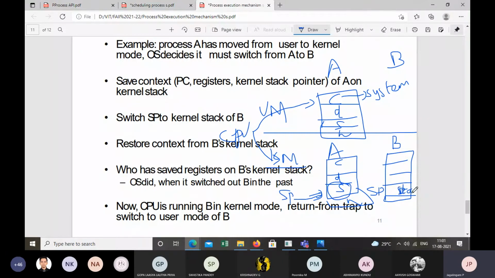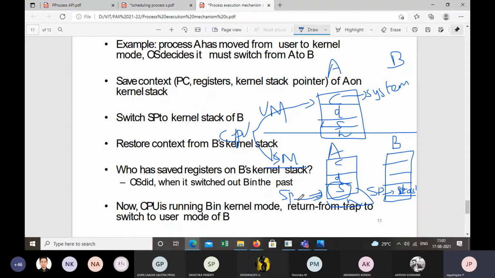Now inside the stack, what information do you have? The old PC value, for the user mode of which process? Process B. Good, because SP is pointing to that.